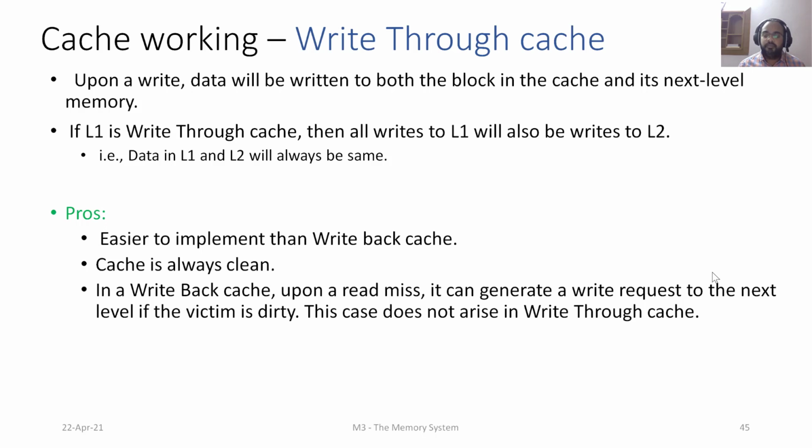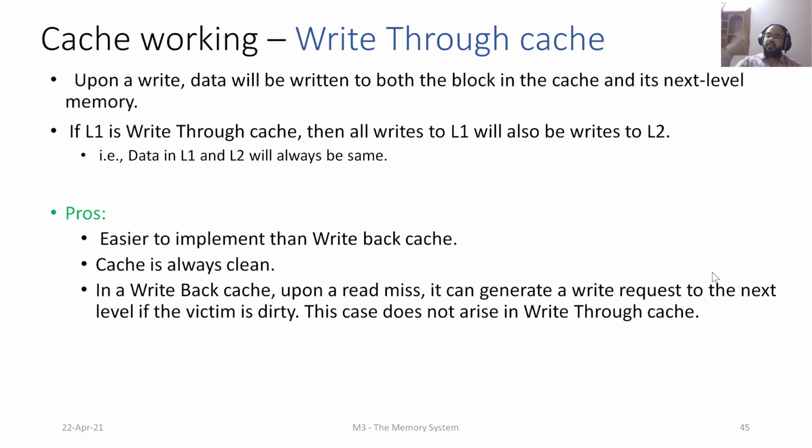And one case that can happen in a write back cache is, let's say there is a read request to L1 and that is a miss. So the read request is forwarded to L2. In the meantime, the cache controller of L1 will look for a victim candidate, and if it so happens that the victim candidate is dirty, what does the L1 cache controller do?